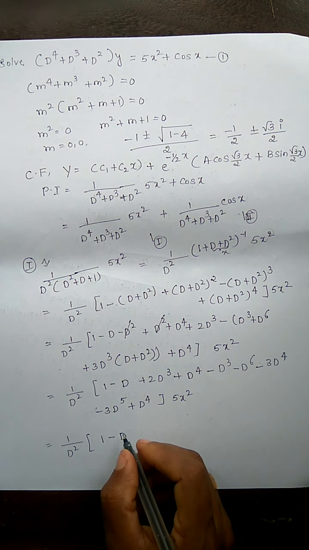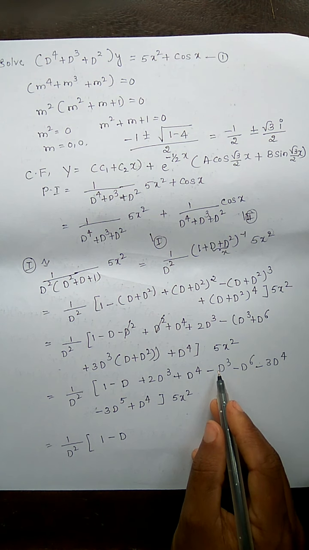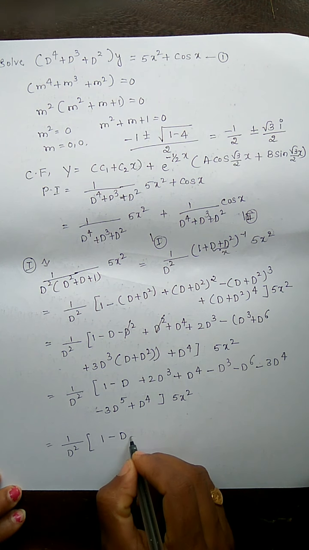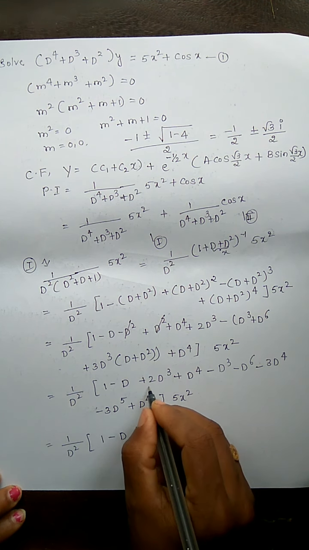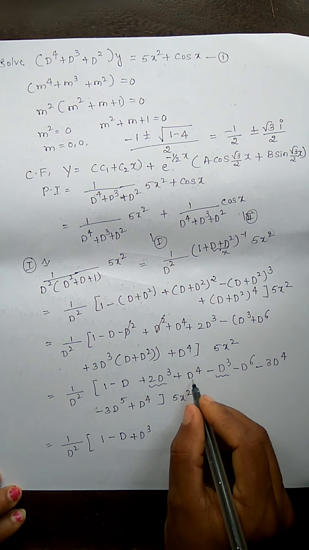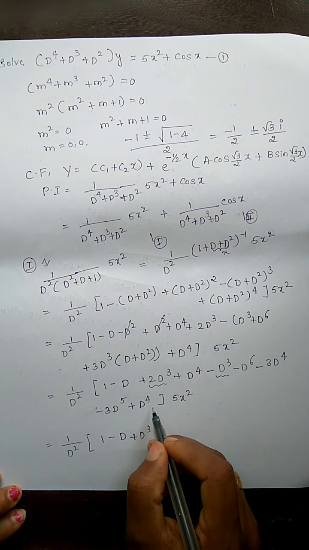plus 2d cube minus d cube. So we will obtain plus d cube, 2d cube minus d cube as plus d cube from this and this. Next plus d power 4 minus 3d power 4.